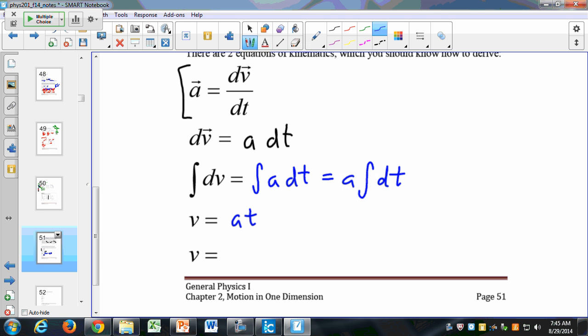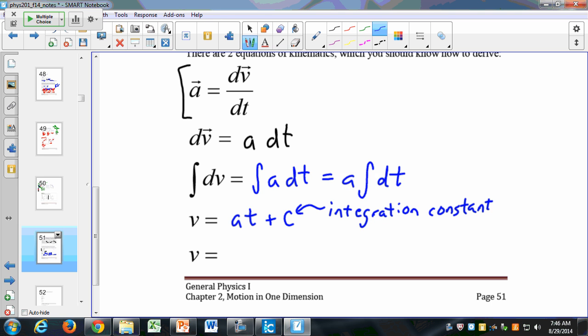Most of you are in Calc 1 right now, right? Well, whenever you take an integral, you have to consider the initial conditions as well. They call that in Calc 2 an integration constant. So whenever you take an integral, you have to add a constant. This is the integration constant. But in physics, it's just the initial condition.